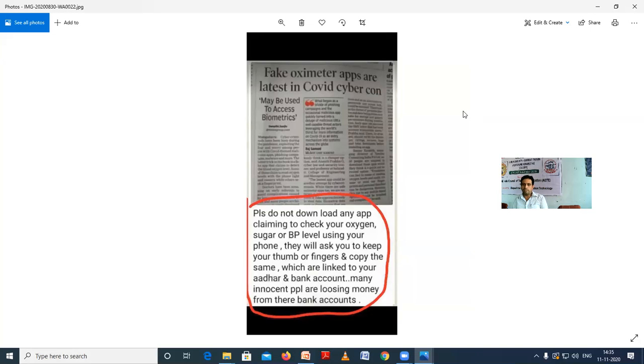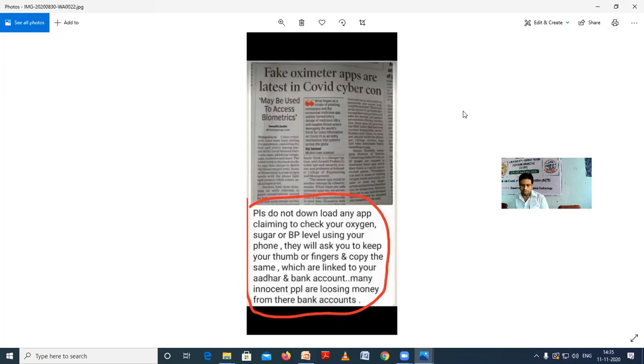So what do they do? It has been suggested not to download any application claiming to check your oxygen, sugar, or blood pressure level using your phone. There are plenty of applications suggesting that through the online mode you can check your oxygen or pulse level. These applications may ask you to keep your thumb or finger on the phone and copy it.